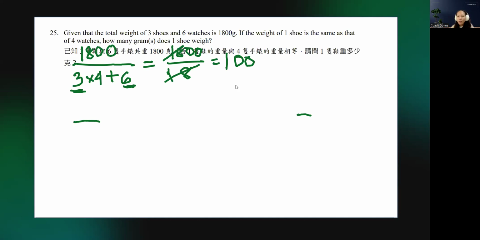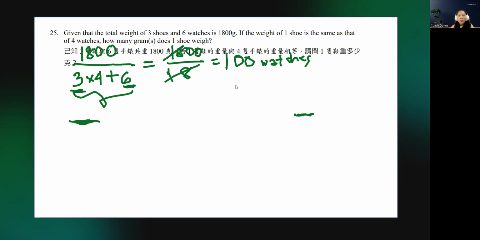So now if you have 100, what do you call this? 100 watches, right? Because our denominator was all about watches. So if you have 100 watches, you know that the weight of one shoe is the same as that of 4 watches.